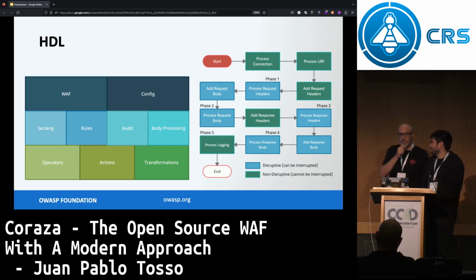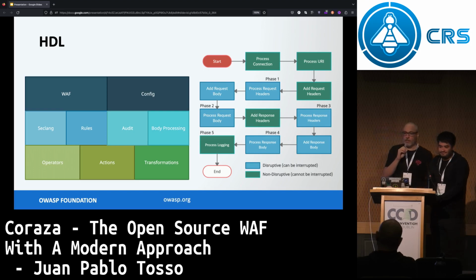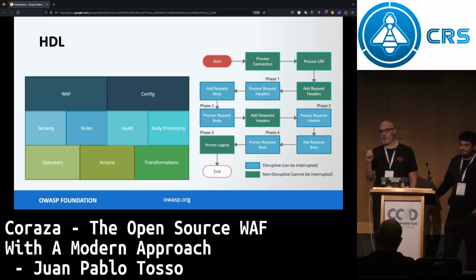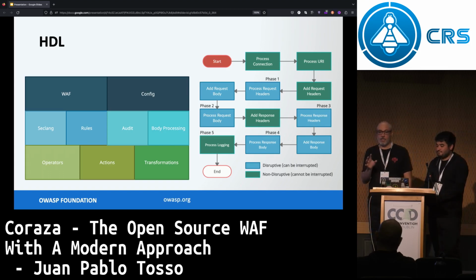Yeah. So the idea is that all the phases that you used to have in ModSecurity, which are basically five and limited, there's no change on that. We are trying to make phases first-class citizens for Coraza.